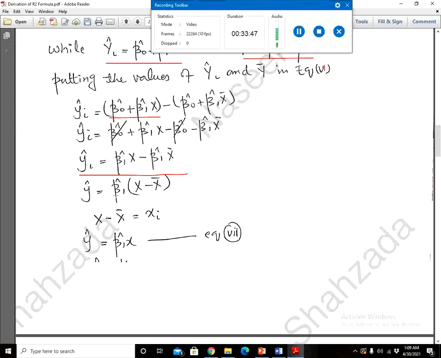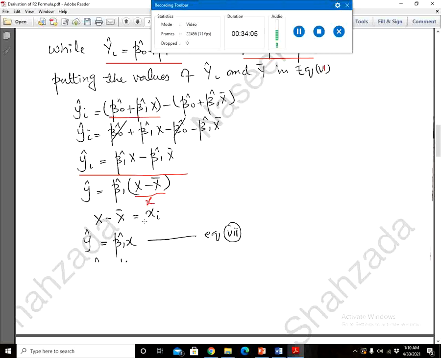We can take beta 1 common now, and yi cap is equal to beta 1 into x minus x mean. This is the deviation from the arithmetic mean, and we represent this by small x.